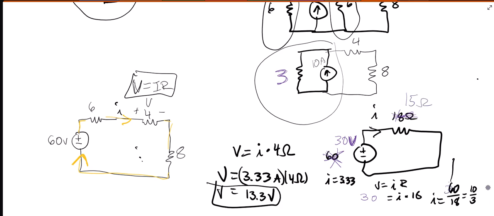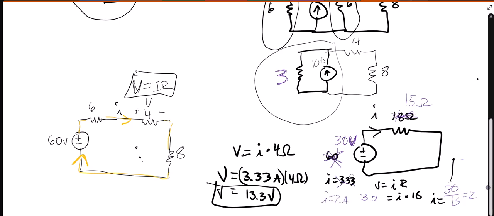So this would be 30 over 15, which is 2. So I is 2 amps, and then that means that the voltage across our resistor right here, V equals 2 times 4, V equals 8 volts.